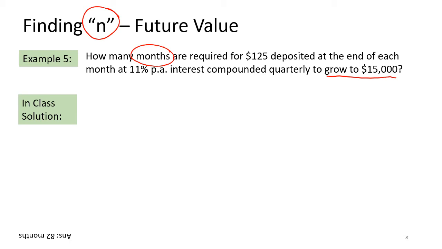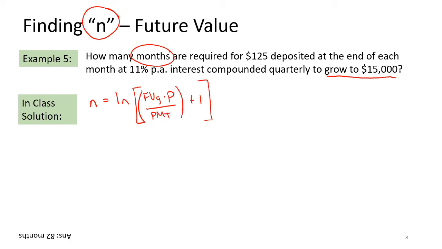Knowing that, just like in the past, we start with our formula. We know the future value, so n is equal to the ln of the future value, with the G representing an ordinary general annuity, times our equivalent interest rate, P, divided by our payment, plus 1.